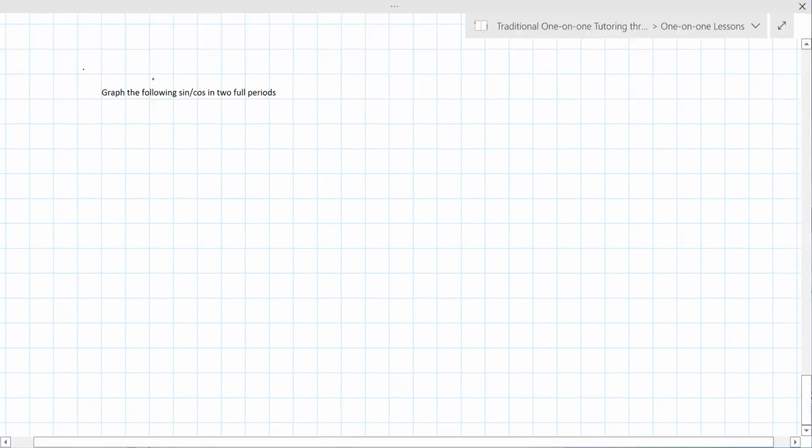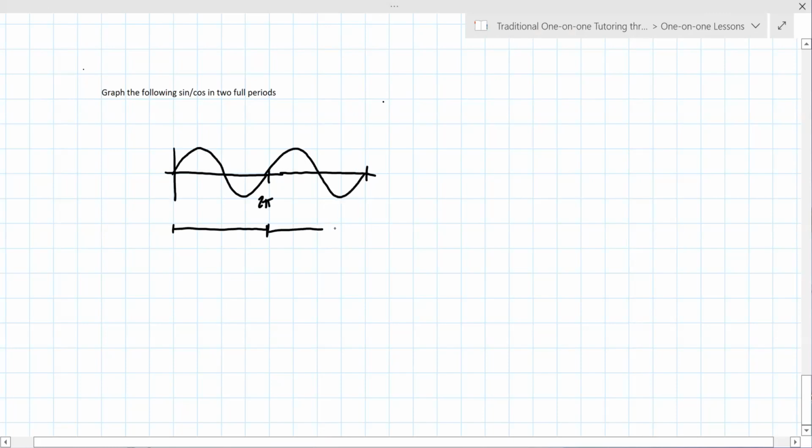So this is where we've got to be really careful, because what I mean by 2 full periods is, sine looks like this. That's 1 period. But it repeats, meaning it looks exactly the same in that 2nd period. But it repeats both forward and backwards.